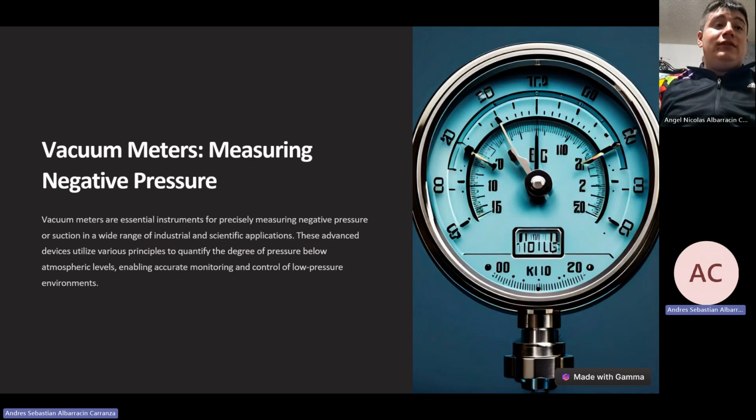This advanced device utilizes various principles to quantify the degree of pressure below atmospheric levels, to accurately monitor and control low pressure environments. The measure that we have in a vacuum is not too high, it's kind of low, because we cannot have a lot of vacuum in a system; physically, this is not possible.